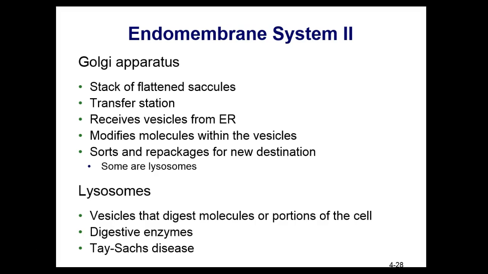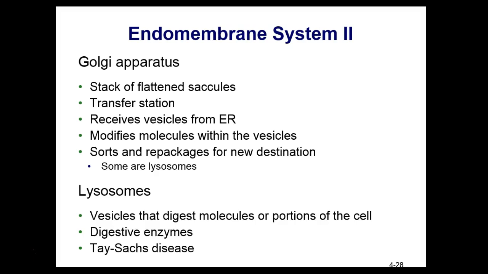But what the Golgi apparatus actually does, it packages, sorts, and exports proteins. When proteins or lipids have to leave the nucleus, they're going to go through the transport system and get transported to the Golgi apparatus, where it's going to modify any proteins or lipids.